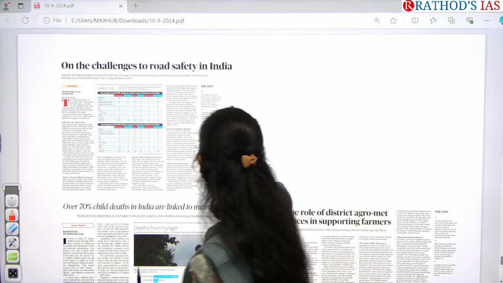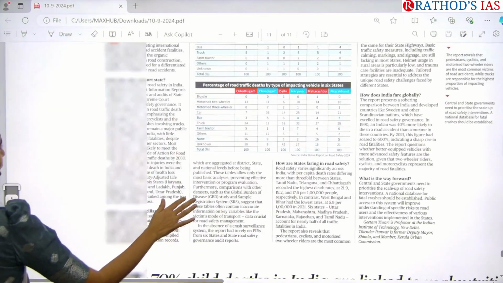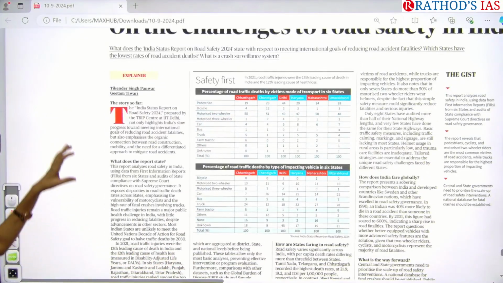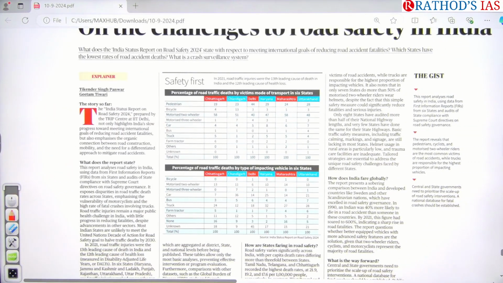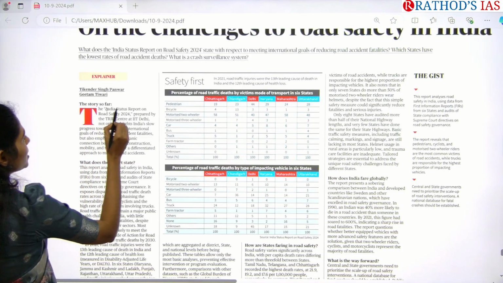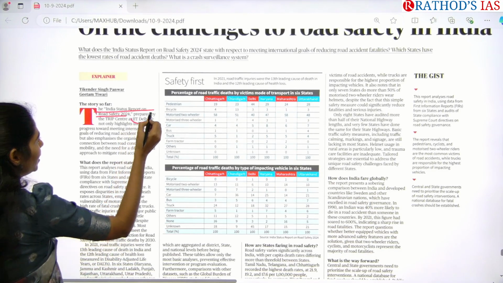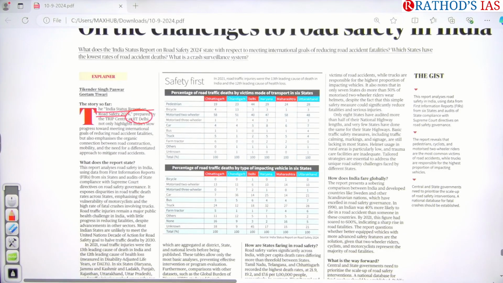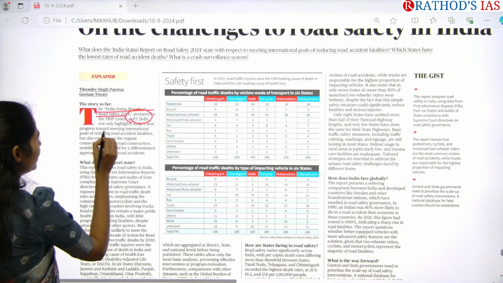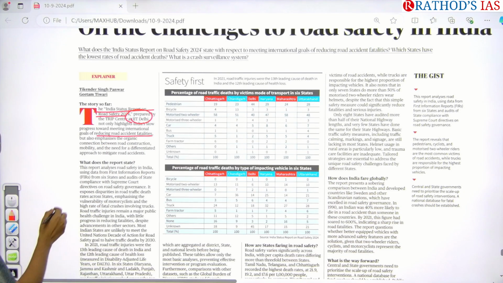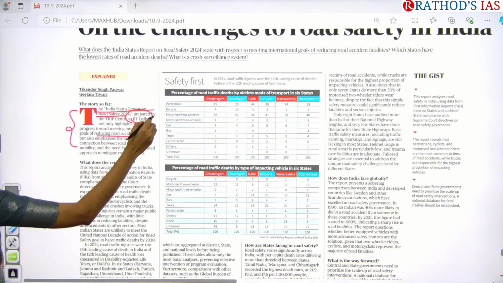Okay, see here. Recently one report had been released. So after this class in the afternoon, please make a note of this data. India's status report on road safety 2024 had been released, and this report was prepared by IIT Delhi. It says that whatever the international goals are, like to decrease road accidents, we are very slow.